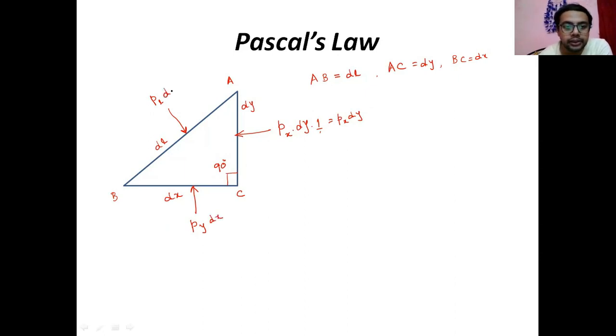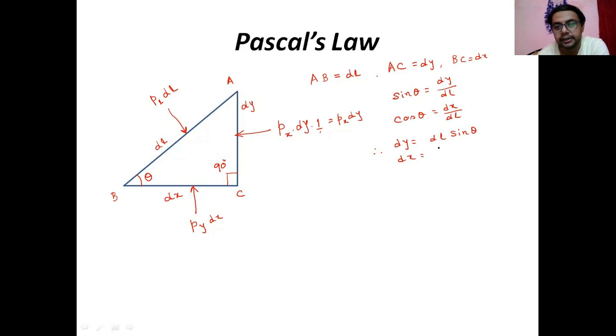Here Pl into dl. Let this angle be theta. So sine theta is equal to dy by dl, and cos theta is equal to dx by dl. Hence dy is dl sine theta, and dx is dl cos theta.